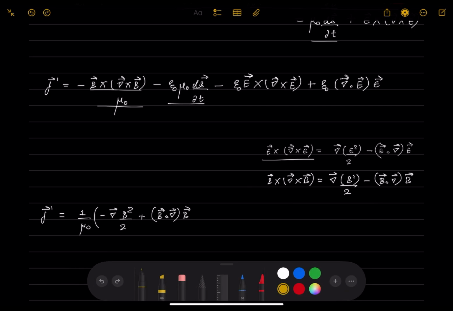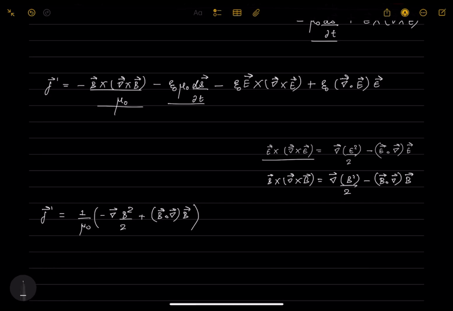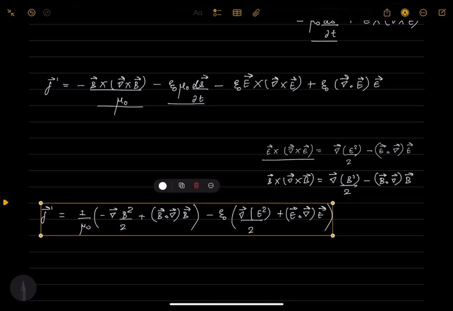When we're replacing this there, that's going to be for the B. Epsilon naught, we're going to repeat the same story for E. Okay, so gradient of E squared over 2 scalar field plus E dot the del operator times E, right? So that's it for B and E.